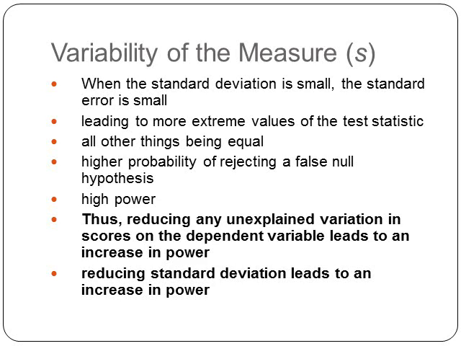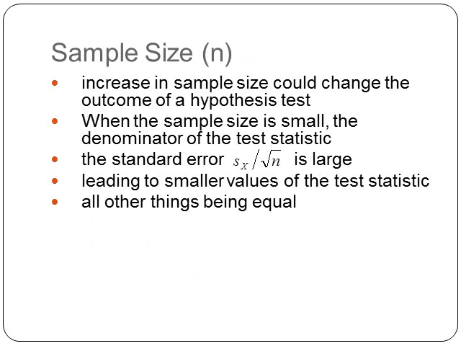So all other things being equal, higher probability of rejecting a false null hypothesis, the higher power we have. Thus, reducing any unexplained variance or variability in scores on the dependent variable leads to an increase in power. Reducing the standard deviation leads to an increase in power. The smaller the variance we have, the more power we will have. You might think about it as shrinking the distribution.